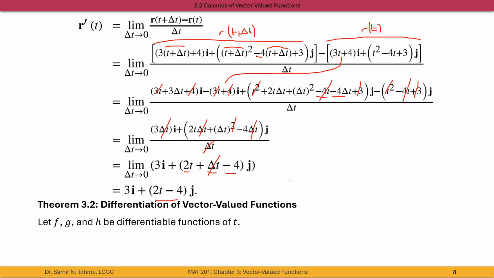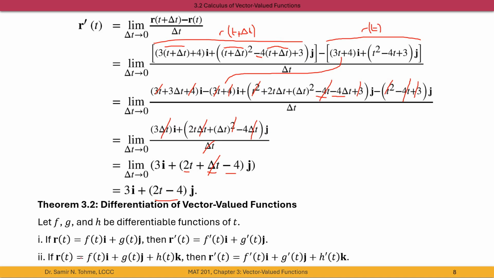Let f, g, and h be differentiable functions of t. If you have these real valued functions, which f is the x component of this vector function, and g is the y component of this vector function. This is a vector function in 2D. Then the derivative of r is the derivative of each component alone.